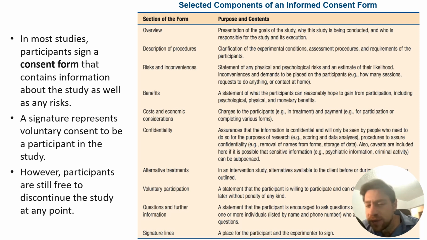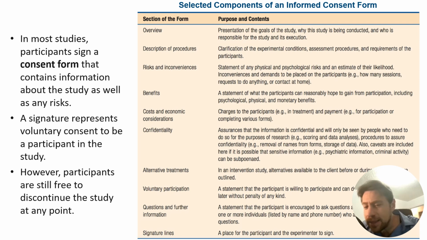Economic considerations, charges or payments. Confidentiality and assurance that information will be kept confidential, especially personal information of the participant. Voluntary participation, of course, people are not obligated to participate. It is voluntary.